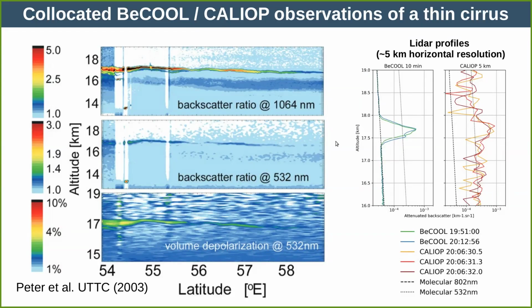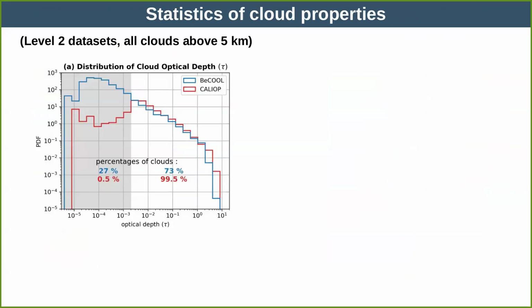So this ability of BeCool to detect very thin clouds can also be seen from a statistical point of view. To do so, I computed statistics of cloud optical depth during the 3 flights of BeCool, and from each CALIOP nighttime overpass during the campaign over the same area.